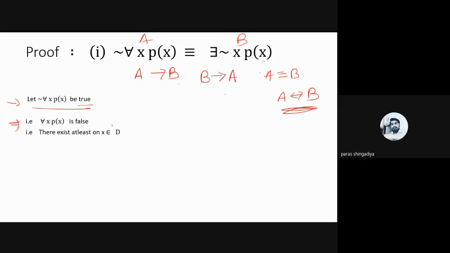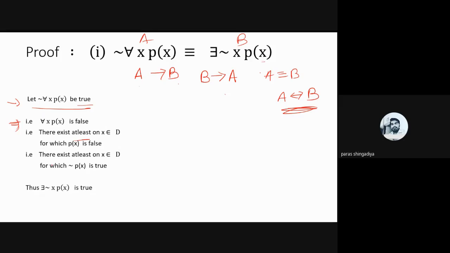Now apply the definition of every x Px being false. When it is false, it means there exists one value from the domain where Px becomes false. So there exists at least one x belonging to D where Px is false. We get one x belonging to D where Px is false.